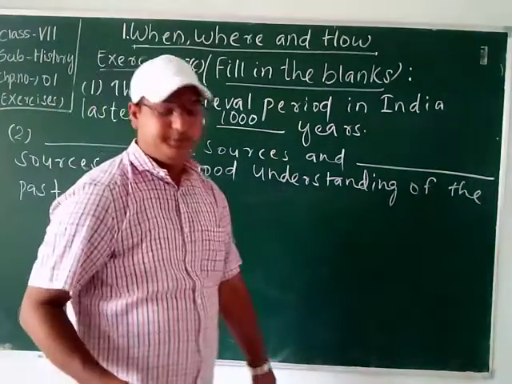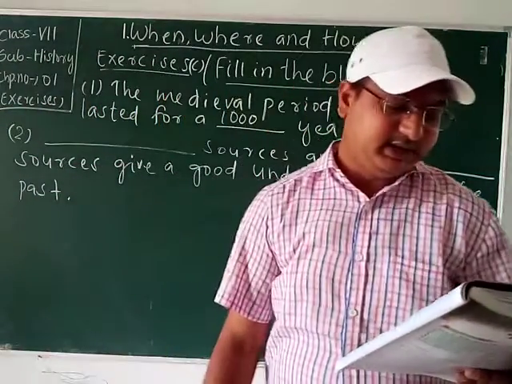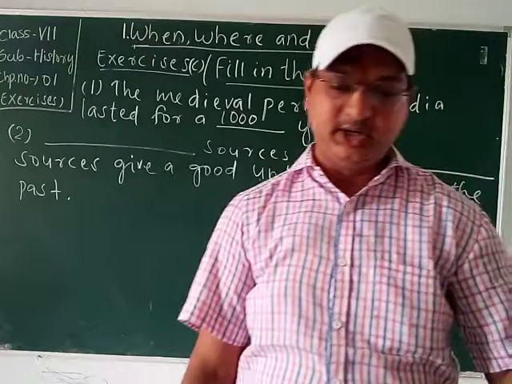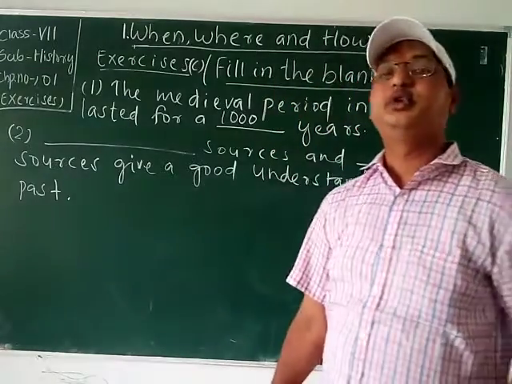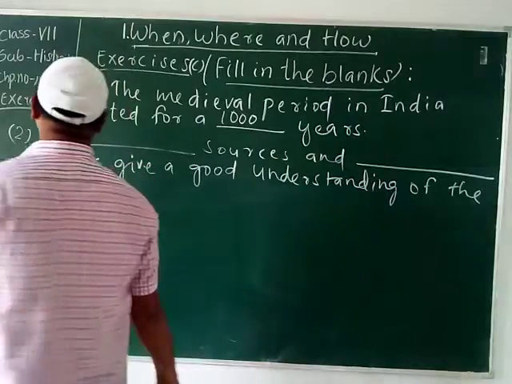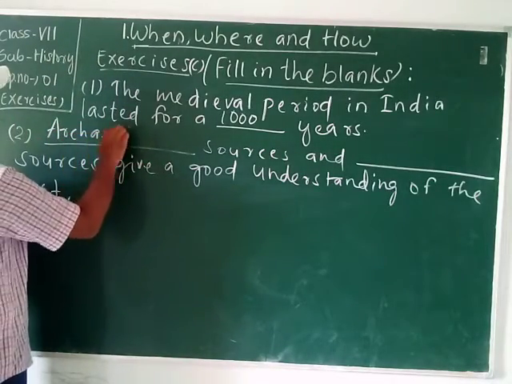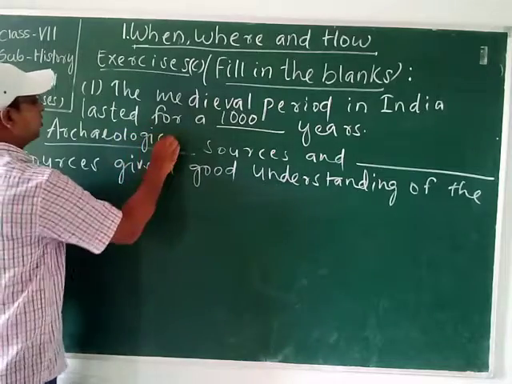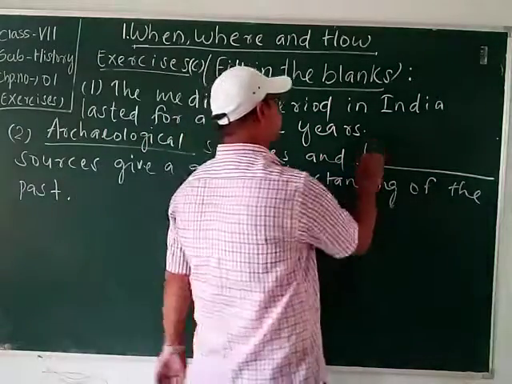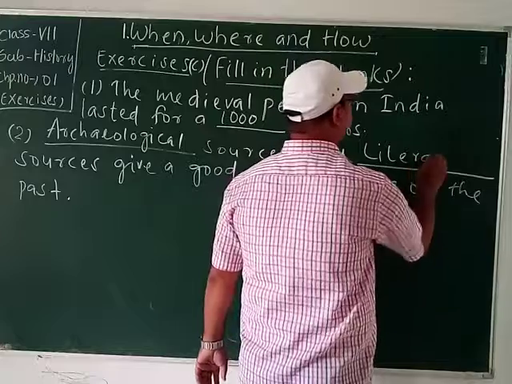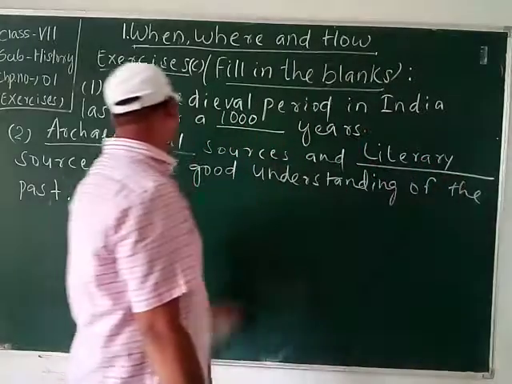Students, please look at the board. Dash and dash sources give us a good understanding of the past. Students, they are talking about the historical sources. So, the answer will be archaeological and literary sources. This is the answer. Okay.